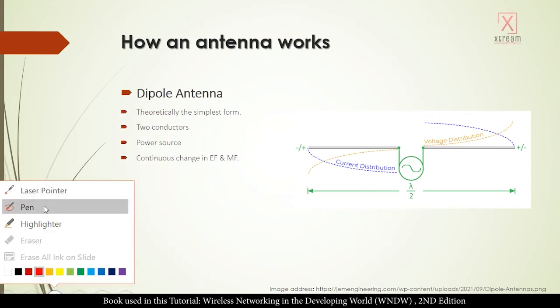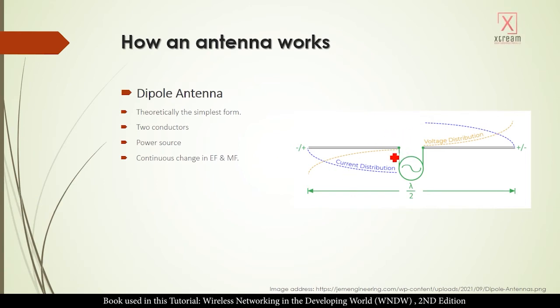So in this case you can see that when we provide alternating current to these two conductors, when the current flows in this direction it will have positive charges here, and on the opposite side it will have negative charges. So when the current flows in this direction, it will produce a magnetic field.